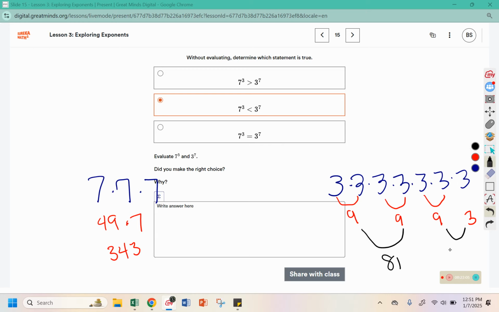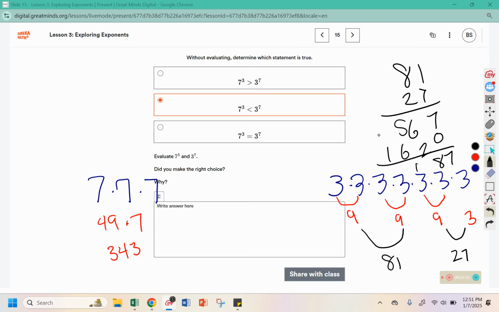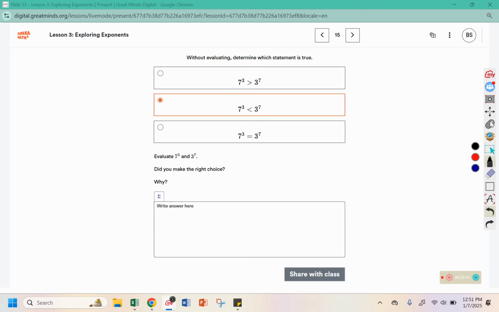And 9 times 3 is 27. 81 times 27 is 2,187. So did we make the right choice? Yes, 3 to the seventh is bigger.